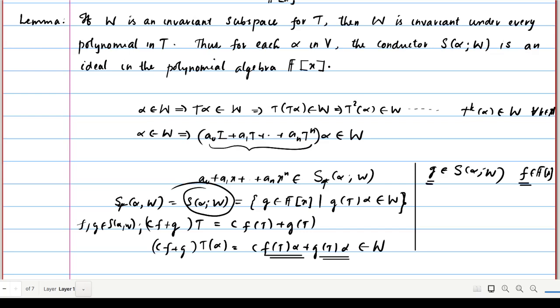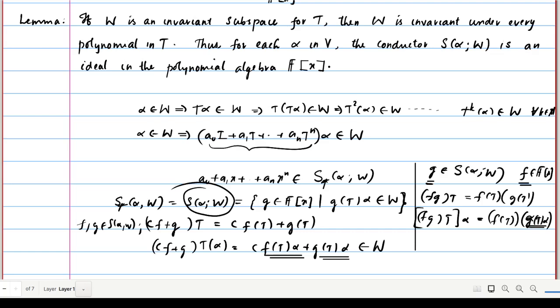That means g(T) alpha is in W. We cannot expect anything about f(T) alpha. Now you consider fg(T), and this is nothing but f(T) composed with g(T). Now we have fg(T) of any alpha is equal to f(T) of g(T) alpha.